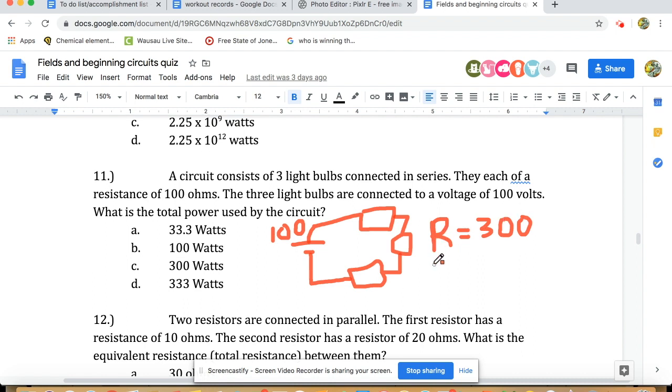So we know that the voltage is 100, and we know the resistance is 300, and we want to know the power.